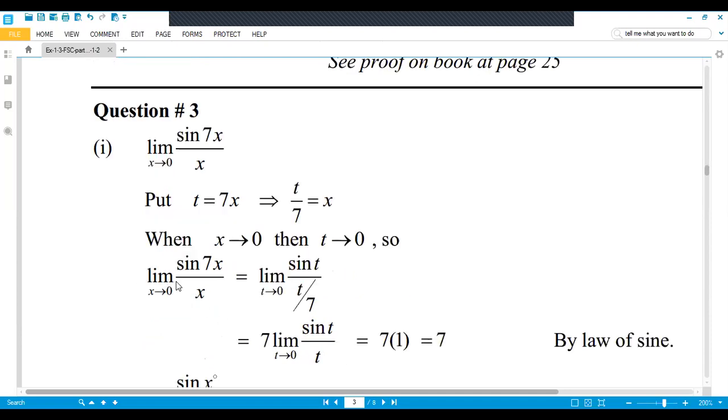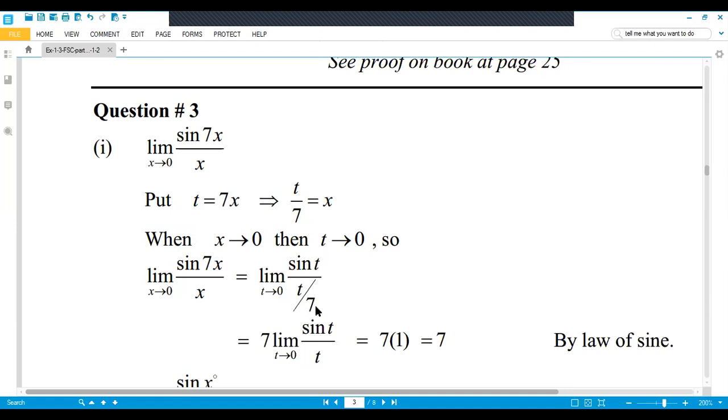Now, limit x approaches 0, sine 7x divided by x, this is given. Now we do the supposition in the limit, because we already found that if x approaches 0, then t also approaches 0, by putting 0 here. So sine t, in place of 7x we put its supposition t, and in place of x we put t by 7.